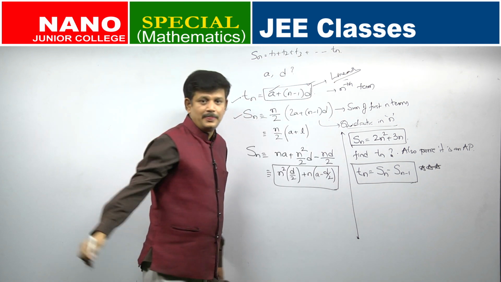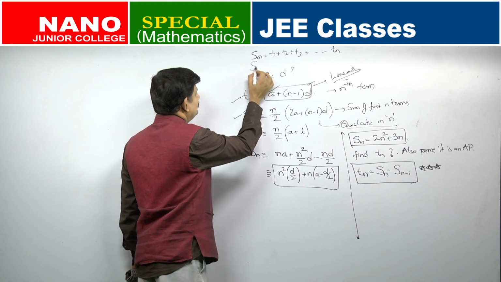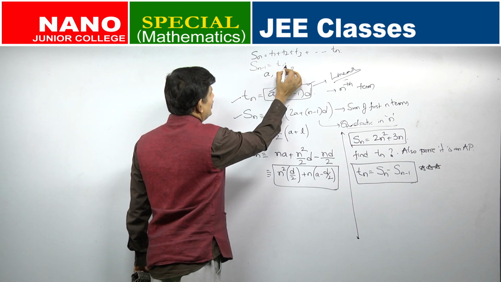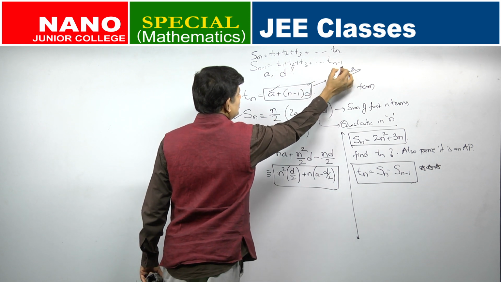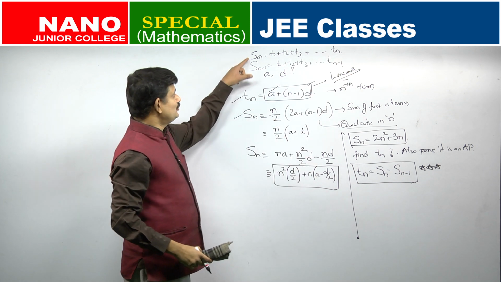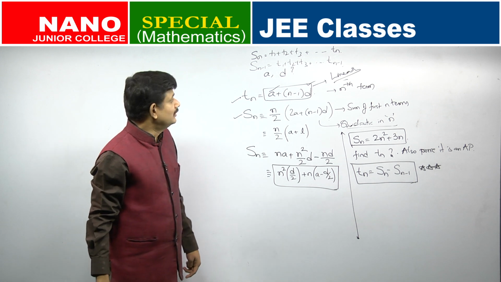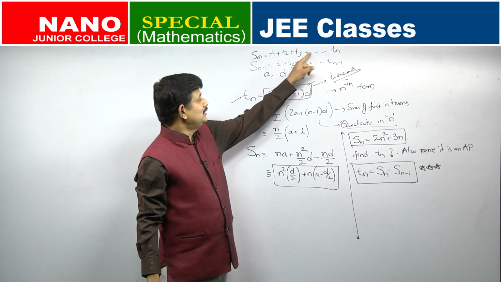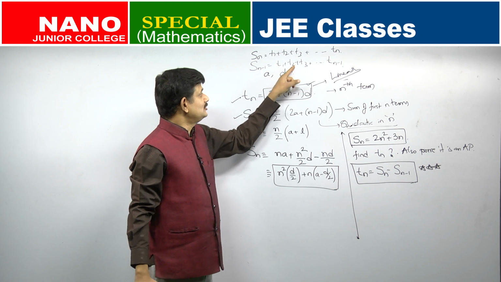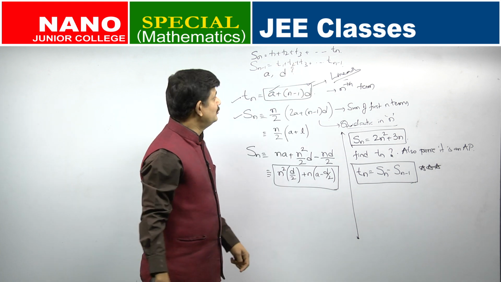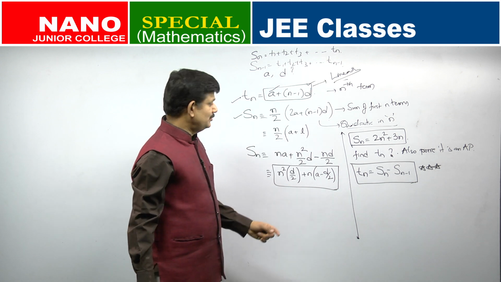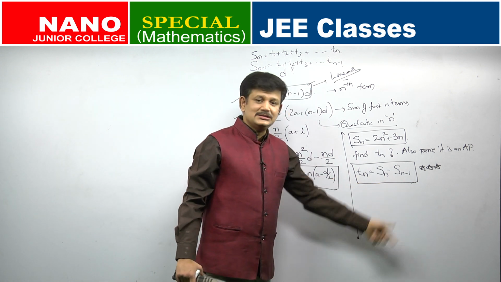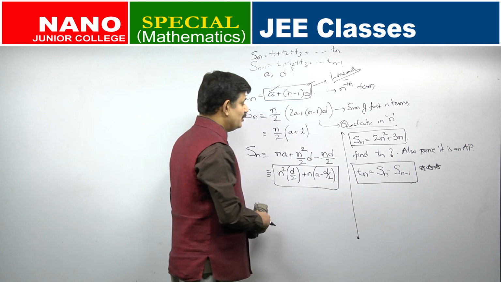And what is Sn minus 1? It will be the sum to n minus 1 terms, T1, T2, T3, so on up to Tn minus 1. So, from Sn if you subtract Sn minus 1, all these terms up to Tn minus 1 get cancelled and you are left with Tn, simple common sense. So, Tn is Sn minus Sn minus 1, a very important idea.